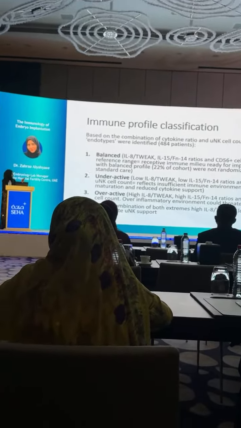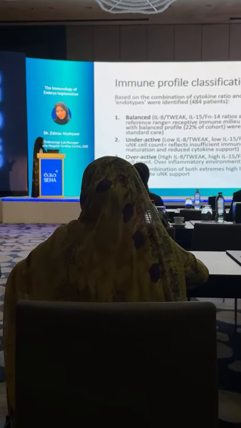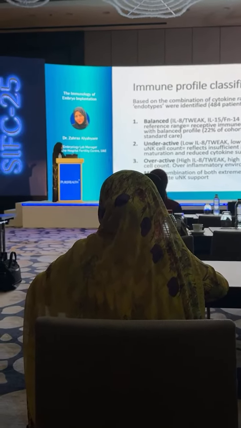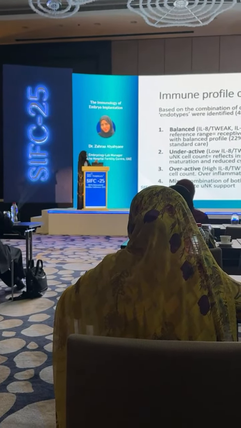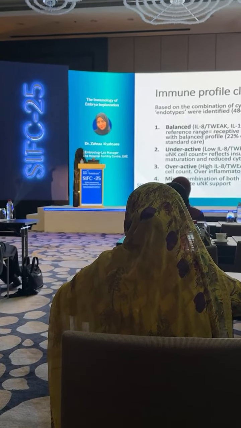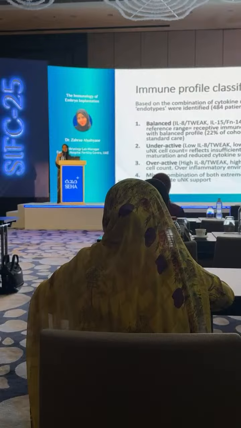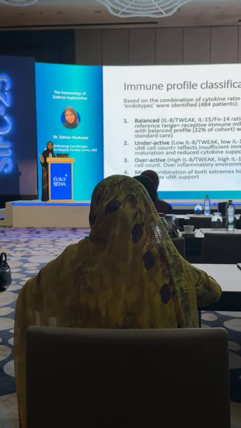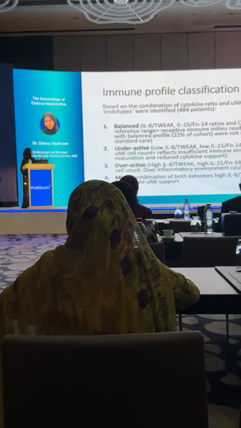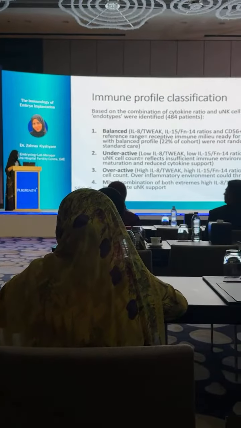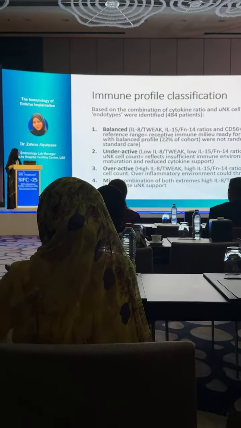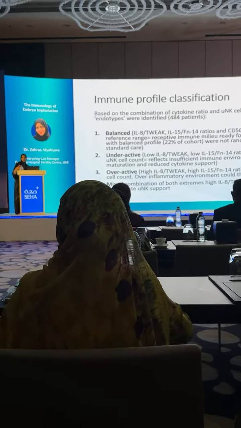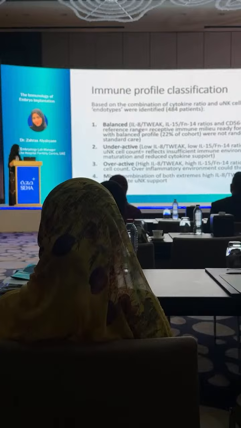So they have a balanced endometrium in terms of the immune system, an underactive endometrium, an overactive immune endometrium, and a mixed profile. The patients with a balanced immune profile did not have any immune interventions, so they went to IVF as a normal protocol. But when they detected an underactive immune response, with a low uterine NK cell count, they made a protocol to tackle the activation of the immune response in this population.